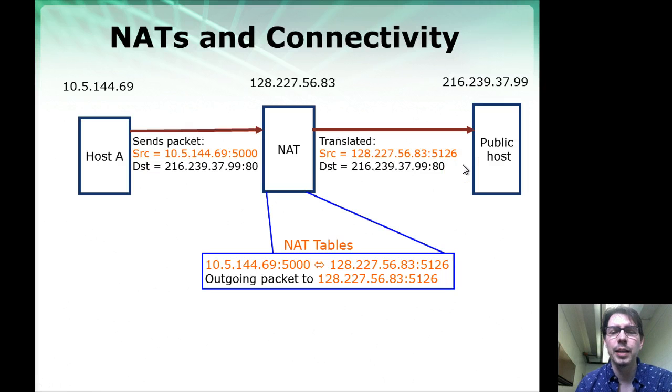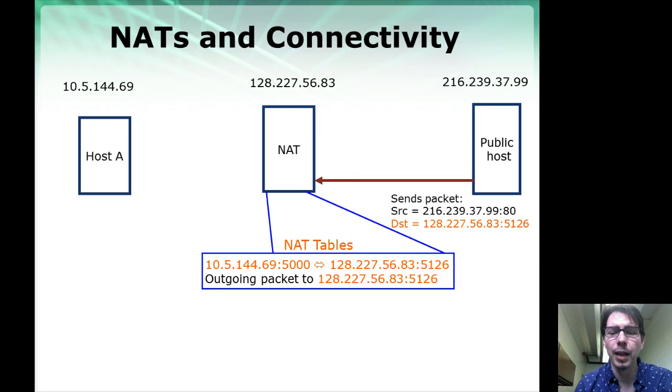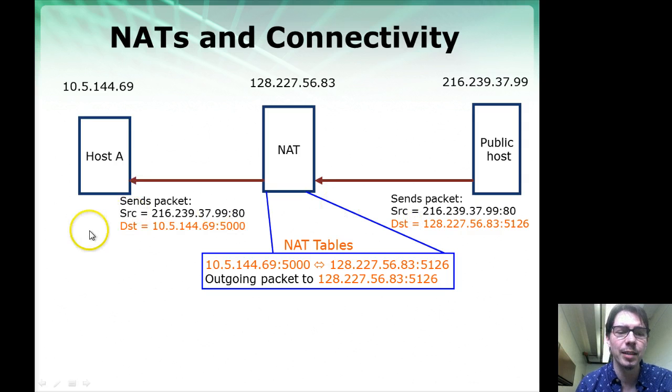The public host will take that request and send a reply. Now the reply will use the public address of the NAT as its destination. And the NAT will keep information about what is mapped to this endpoint. And it uses that information to now translate the destination and deliver it to the host that initiated that request to begin with.